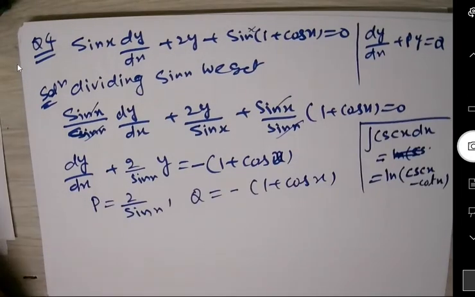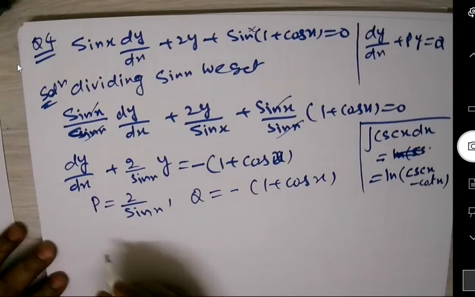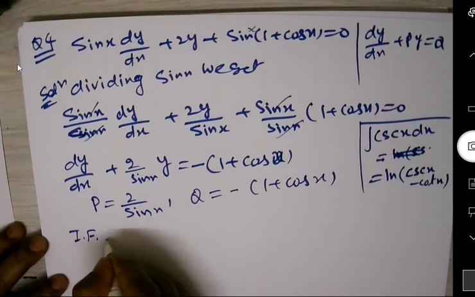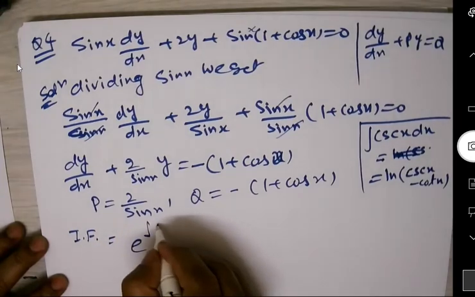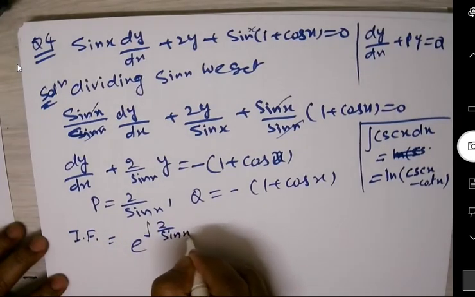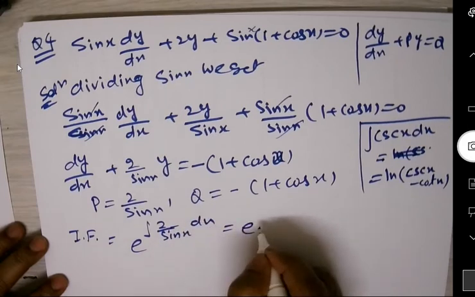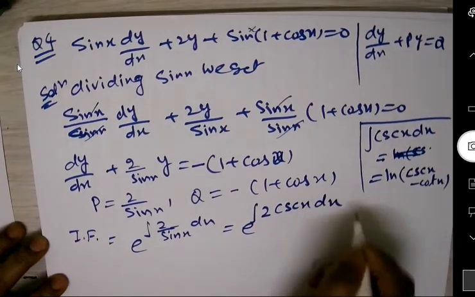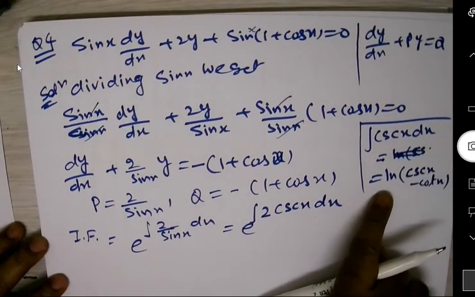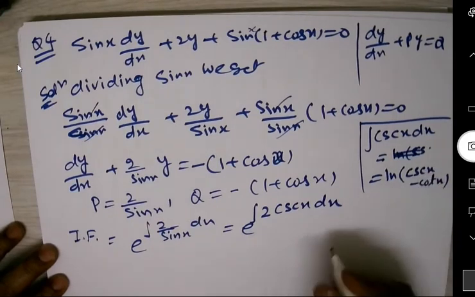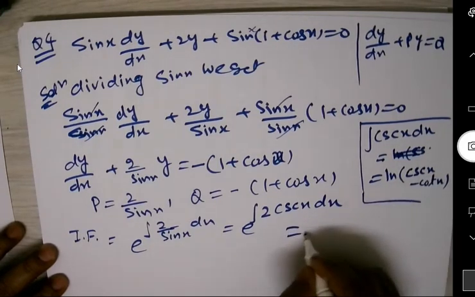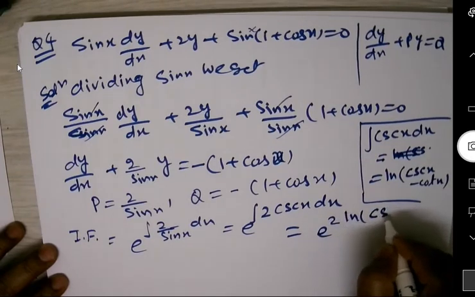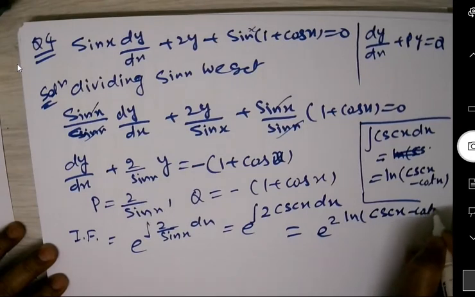Now, after getting the values of P and Q, we have to write the integrating factor, first step. So, integrating factor equal to e raised to the power integral of P, that is 2 divided by sin x dx. So, it is coming as e raised to the power integration of 2 CSC of x dx, and integration of CSC of x dx is ln of CSC of x minus cotangent x. So, integrate it. So, it is coming e raised to the power 2 ln CSC of x minus cotangent of x.